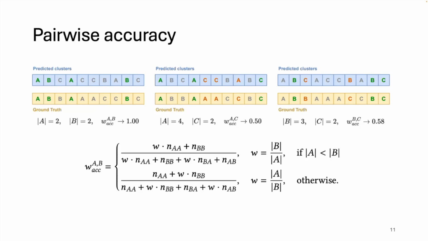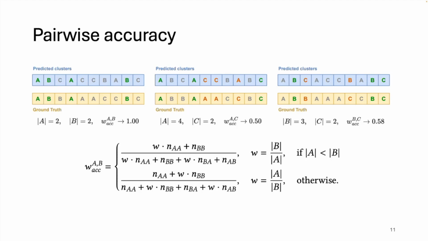Indeed, when we want to select the best configuration, we target the configuration for which the most similar couple of clusters is still distinguishable. So the couple of clusters with the lowest pairwise accuracy still has the highest pairwise accuracy with respect to the other configurations.